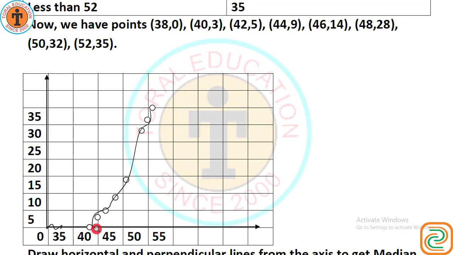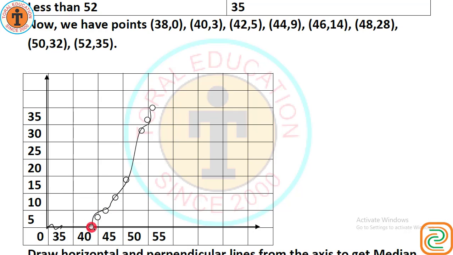Then 40. We have 3. So here is 5, and we have taken 3 here. 40 and 3. Then 42, it may be here, 42 and 5. 44 is near to 45. 44, 9. 9 means near to 10, so I have taken point 10 here.